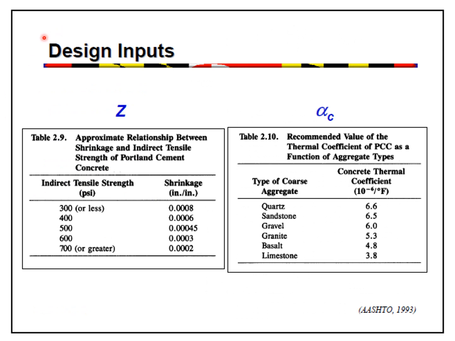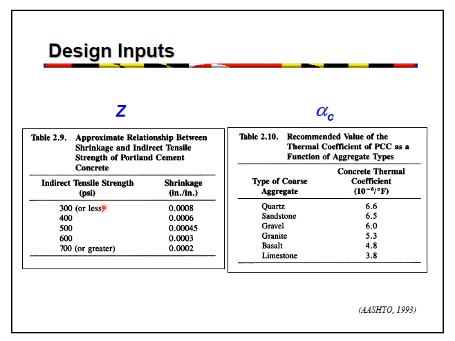Now on this particular slide you can see the design inputs Z and alpha sub C, and for that we can use this table 2.9 for Z, and for alpha sub C this table can be used.